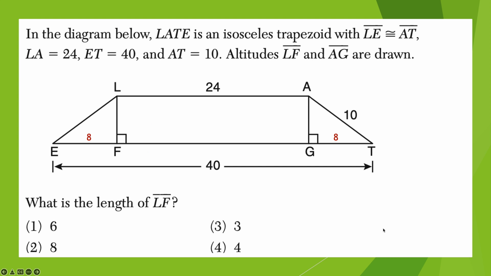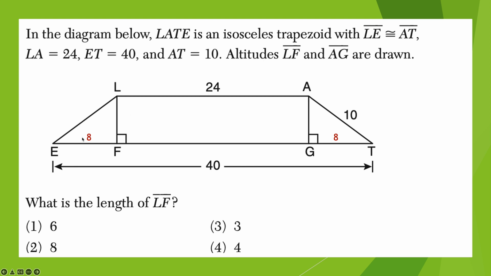Another review topic that we didn't start yet, or that we didn't do a question exactly like this yet. So you're probably thinking, where did I get the red 8s from? Well, look, the whole big bottom base here is 40, and the big top base is 24.